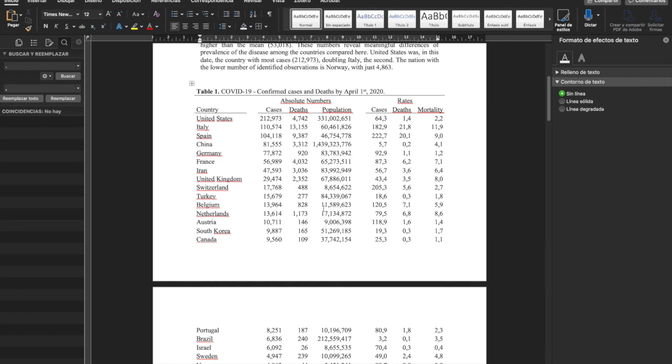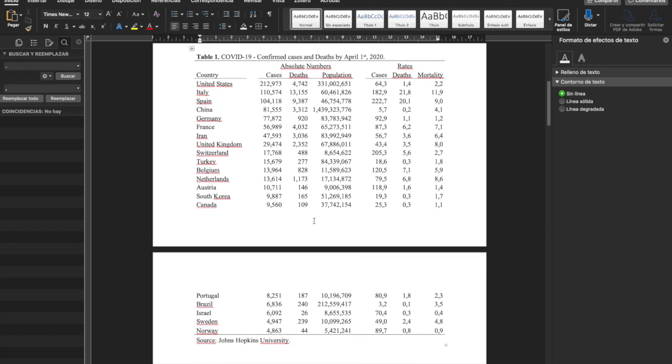So once I finish the general pattern, I start to explain each case individually and how it relates to the average and how they are distributed. And for example, how they relate to population. Most populated countries are those with most cases and deaths in absolute terms.